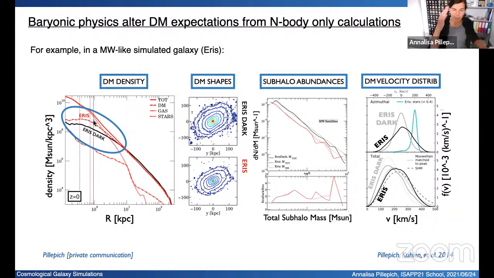It's contracted, it may be cored. Baryonic physics changes the 3D shapes of dark matter halos.